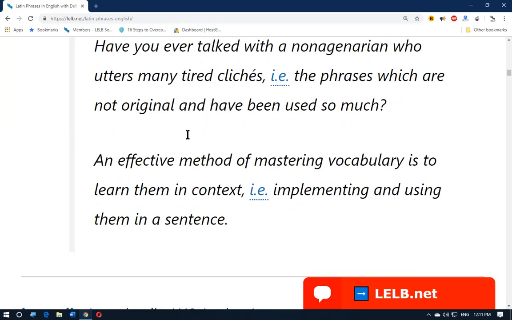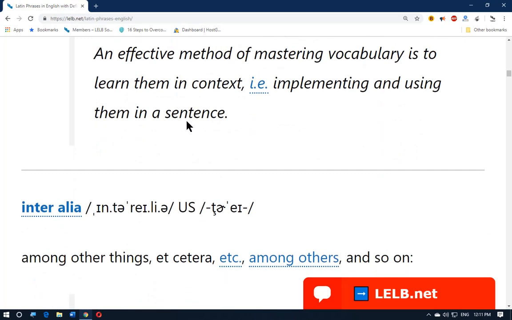An effective method of mastering or learning vocabulary is to learn them in context, that is, implementing and using them in a sentence. The exact method that the students at LELB.net actually are applying or employing.